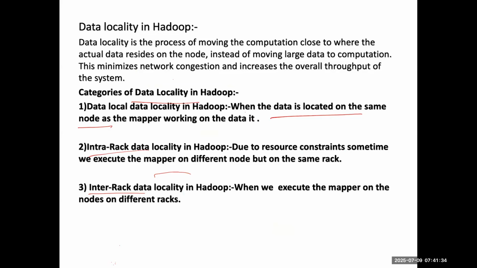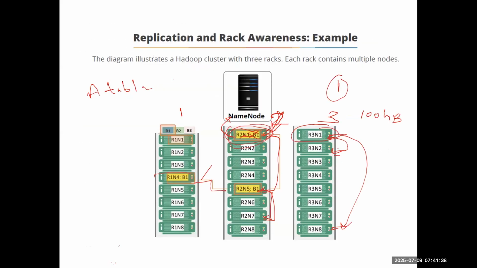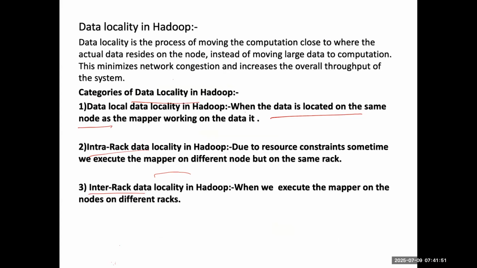What is inter-rack and what is intra-rack? Let's suppose my data is present on this, and some job was running on this server. If on the same rack I copy it to some other place and then run it, then we call it intra-rack. And inter-rack is when it is on a different rack.